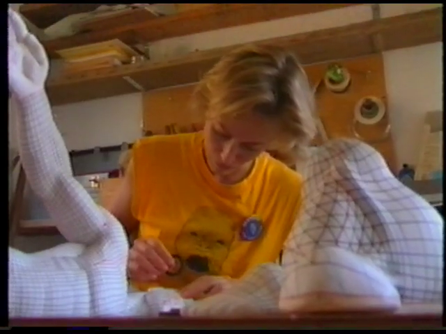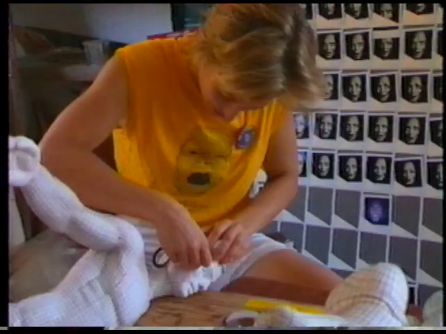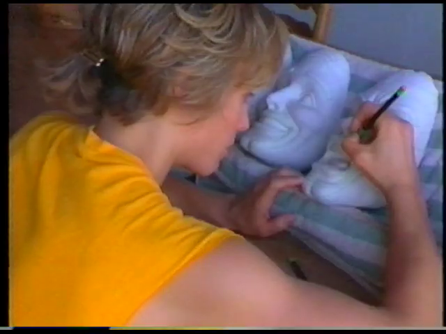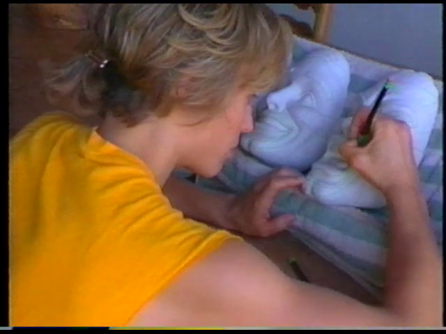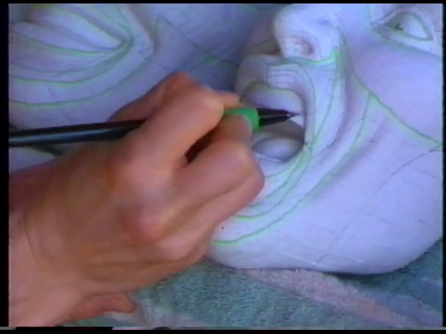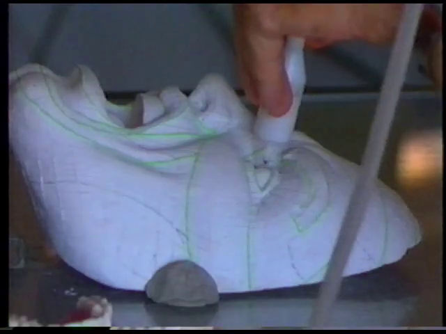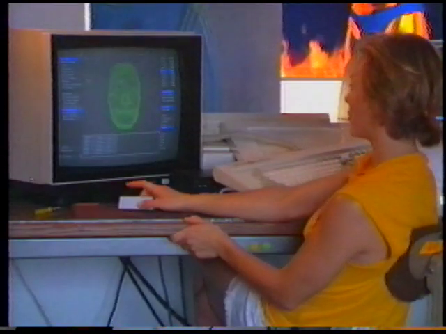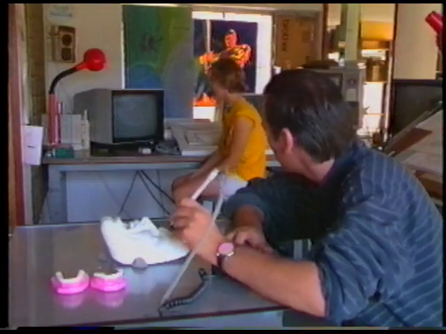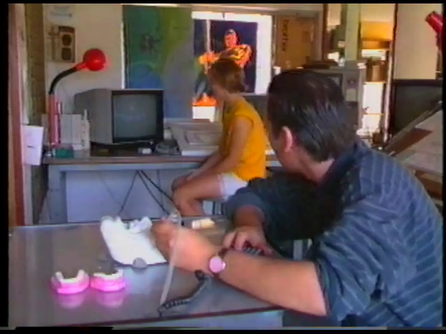The surface of the finished sculpture is divided up into small grids using very thin plastic tape. The grid for the mouth area is created by drawing directly onto the sculpture. All the grids are traced into the computer with a digitizing pen, creating a human motion database.